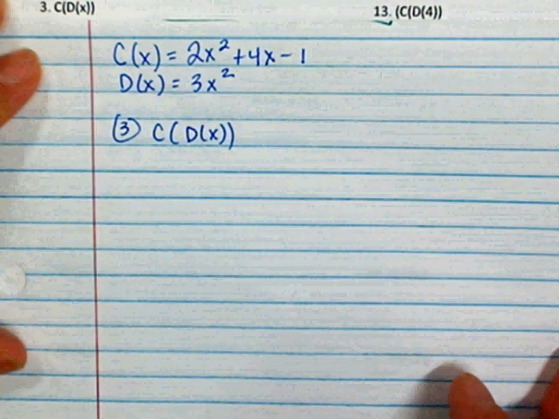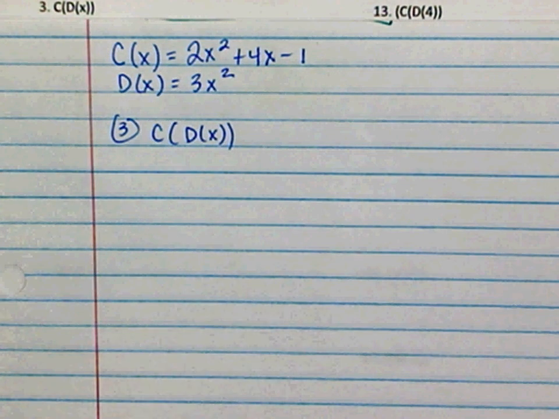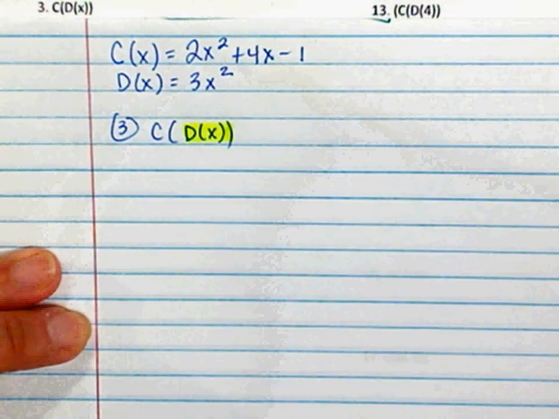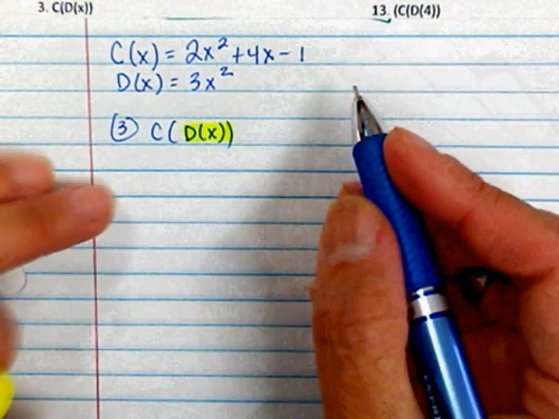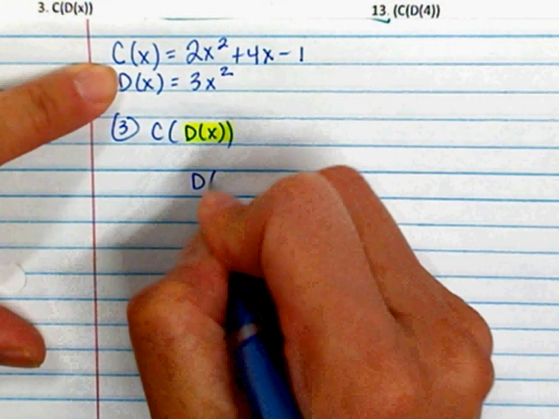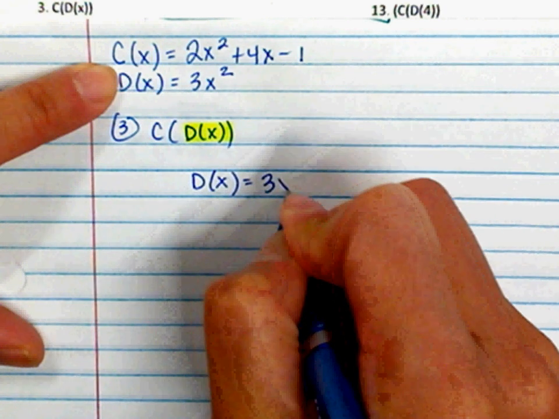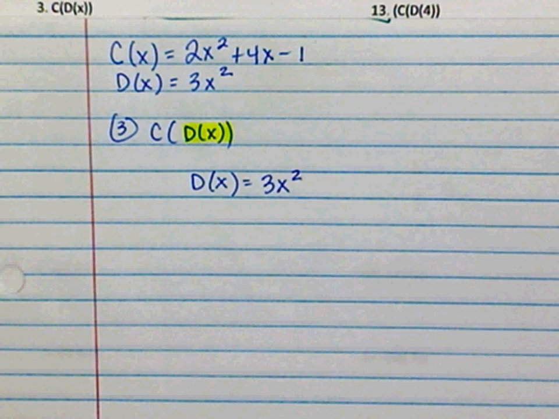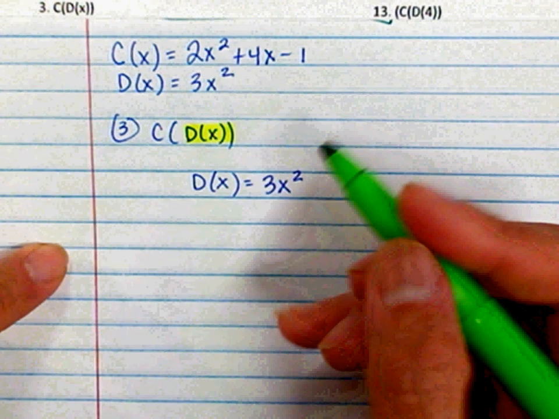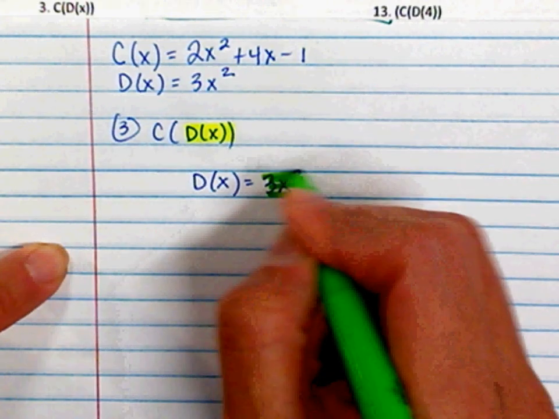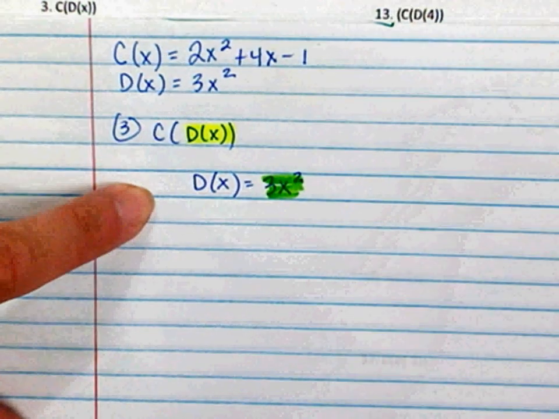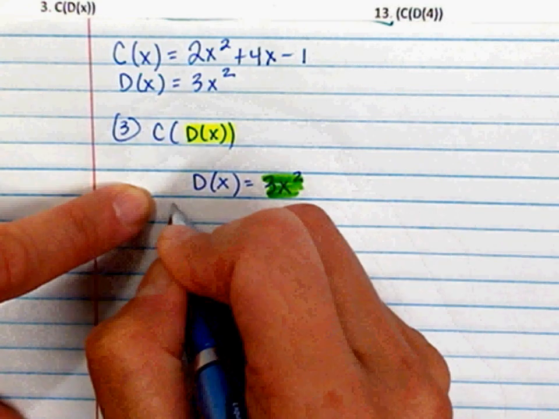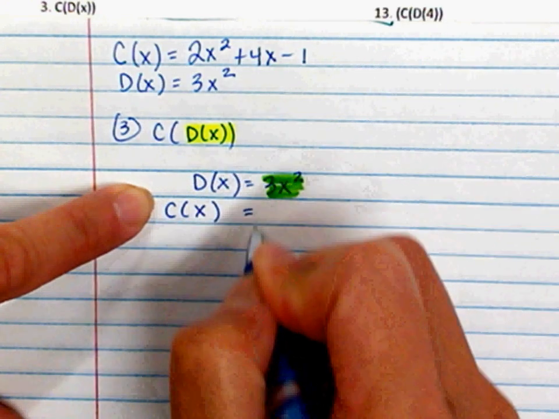Okay? So I'm just going to use my paper. All right. Step number 1. We're going to do D of X first. So what is D of X? D of X is equal to 3X squared. That is now your new X. Okay? That's going to be your new X. So now we're going to go C of X. Now notice I kind of keep it orderly.